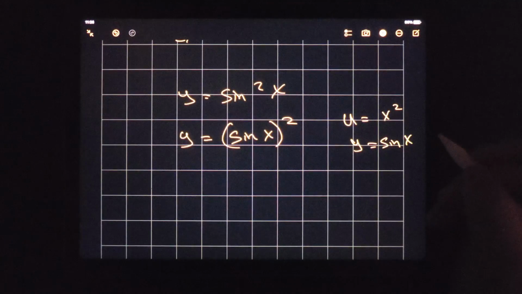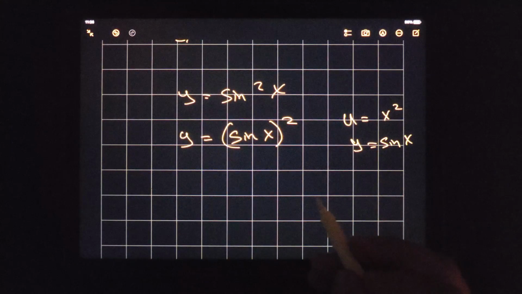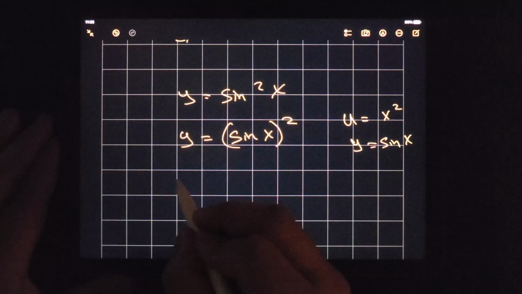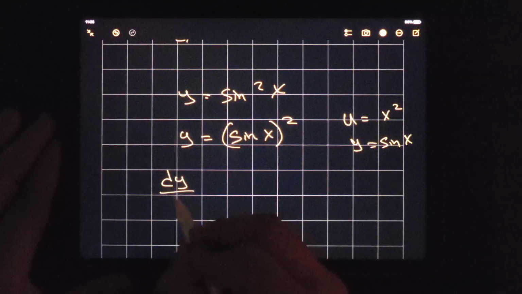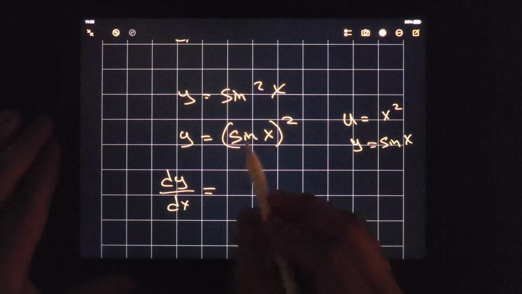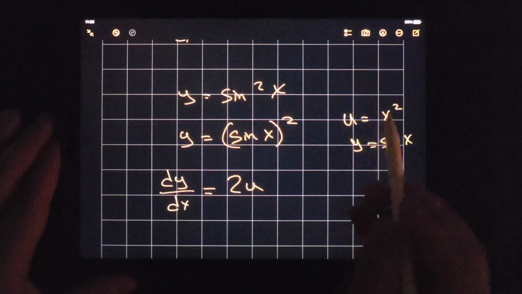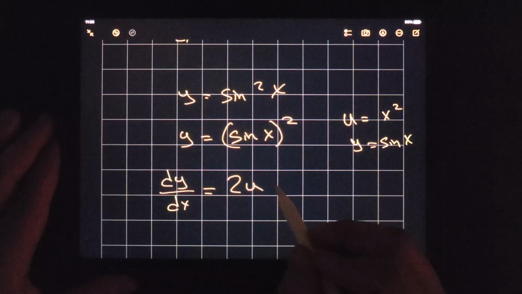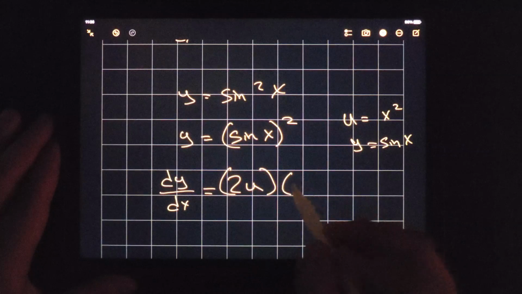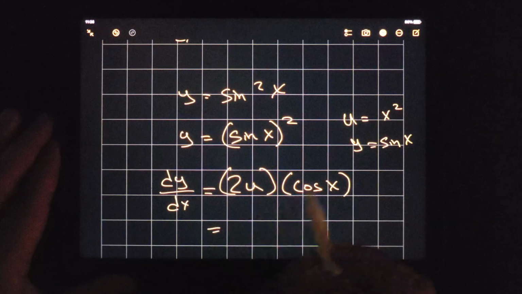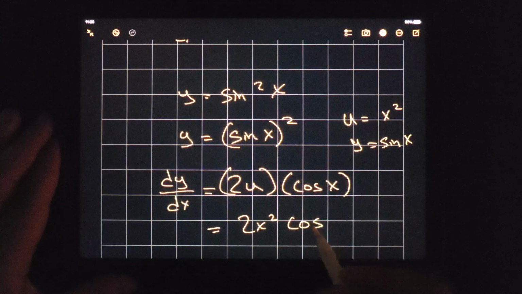So when you put this into the chain rule, then you're going to have dy over dx. The derivative will be the derivative of this one times cos x, the derivative of sine x, at which point u will become 2x squared cos x. Oh, sorry.